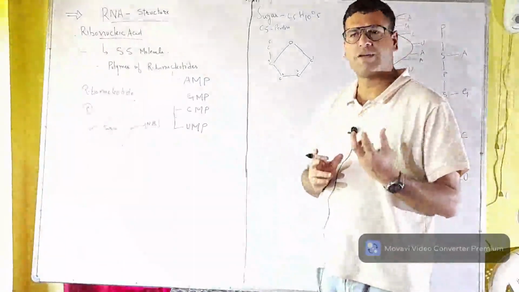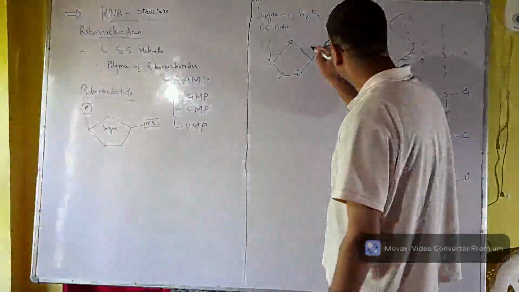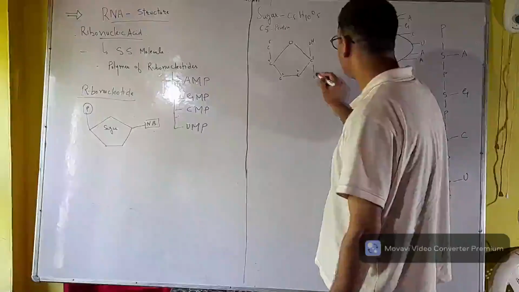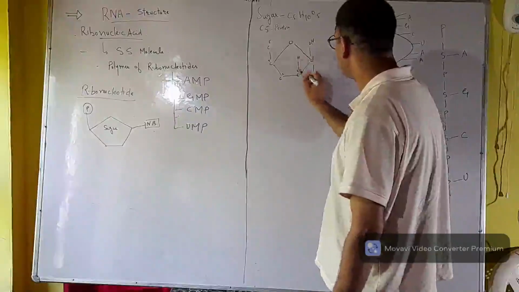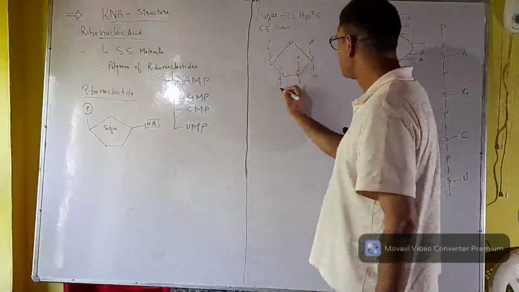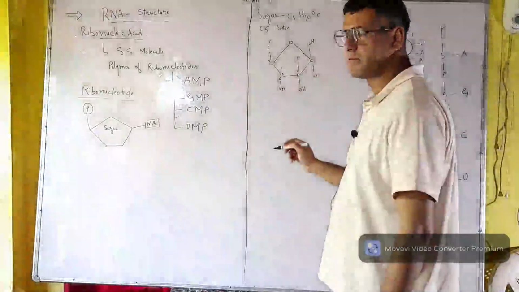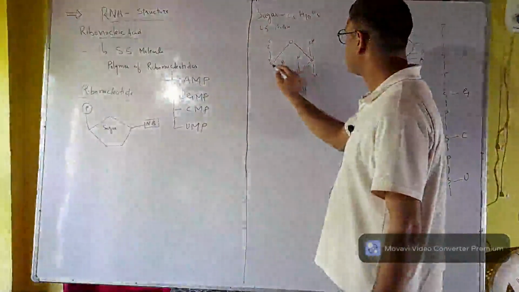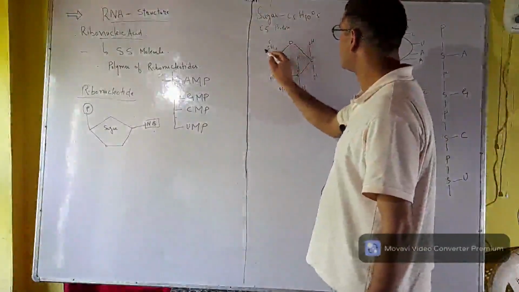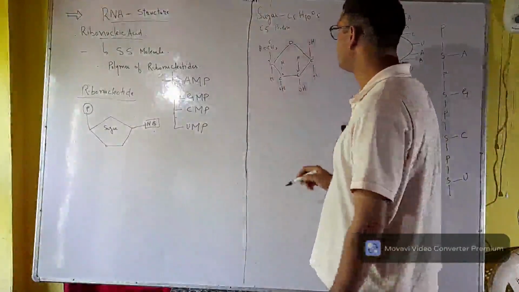It has 4 valency. This is carbon, hydroxyl group here, hydrogen here. This is hydrogen here, hydroxyl group here. This is the hydroxyl group at the carbon third position, hydrogen, and this is the hydroxyl group at the carbon fifth.